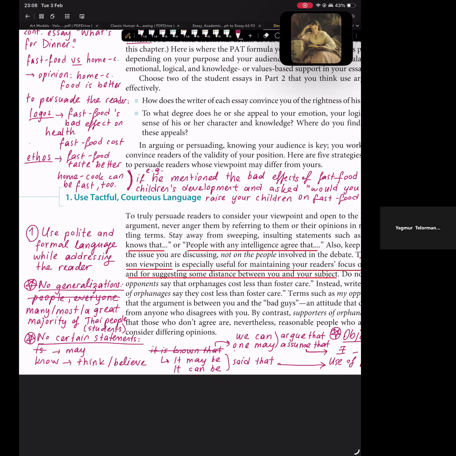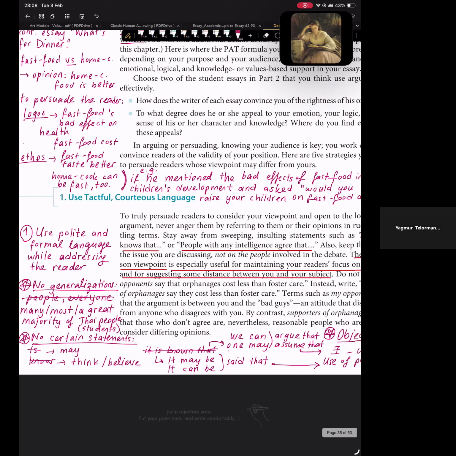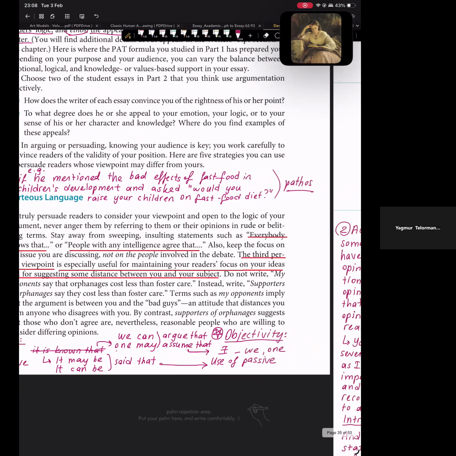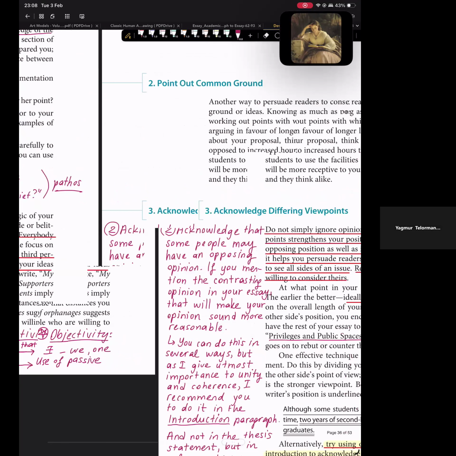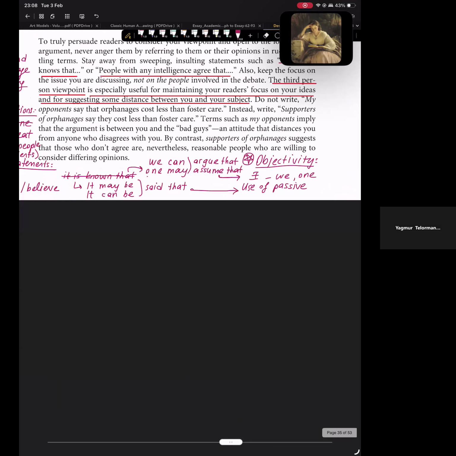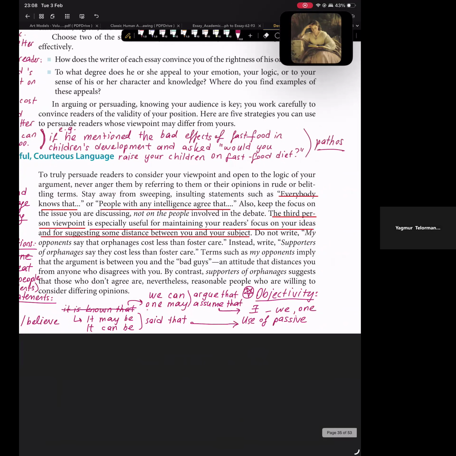Also, we shouldn't make certain statements. We shouldn't sound so sure of ourselves. All right. Instead of saying is, we should say may. Instead of saying know, we should say think or believe. Instead of saying it is known that, we can say it may be said that, it can be said that.